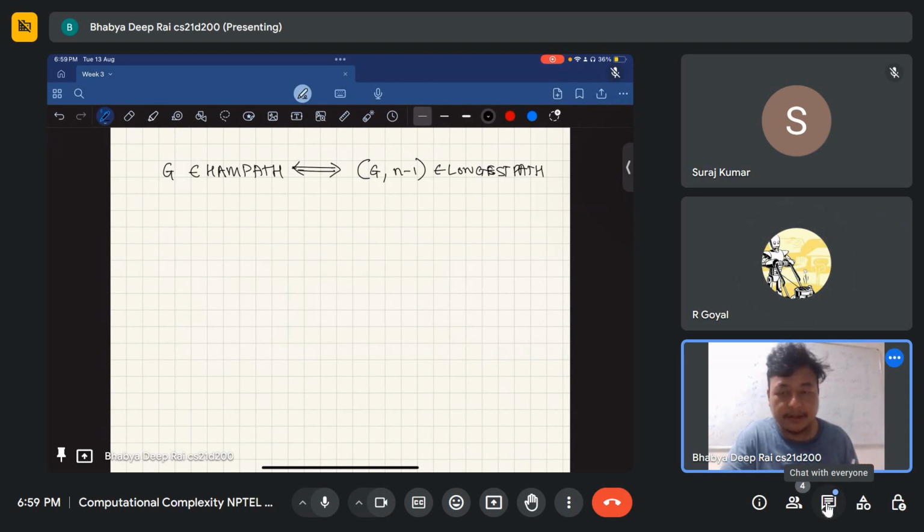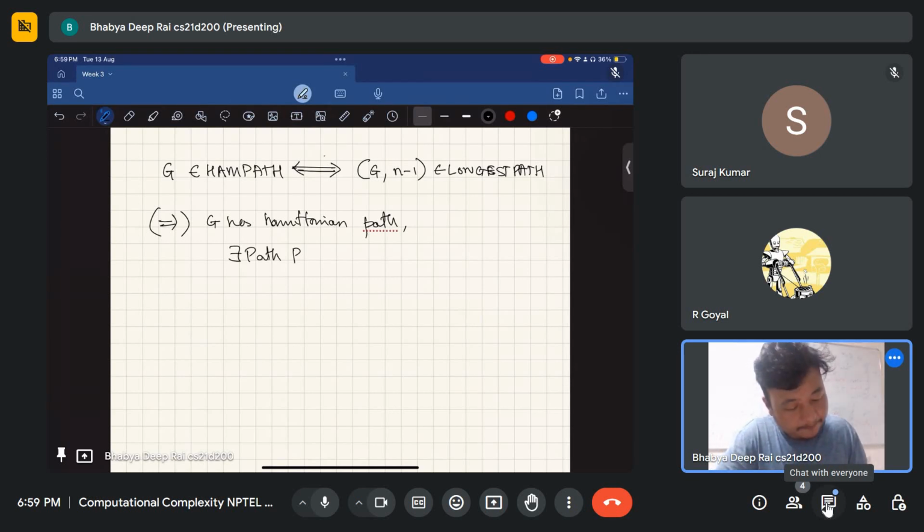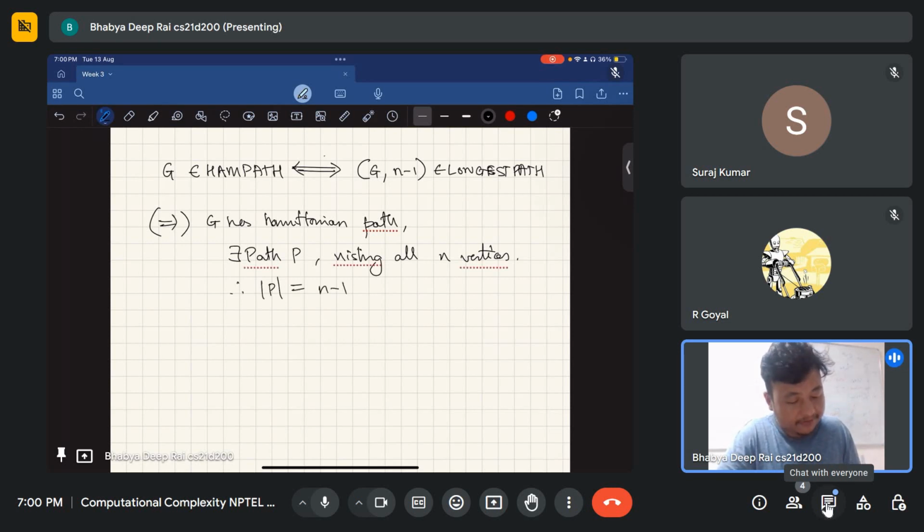Yes. Right. Let's say I only argue in this direction; I'll write the correctness also. Why? Because if G has a Hamiltonian path, then there exists a path P visiting all n vertices, and the length of P is equal to n minus 1.